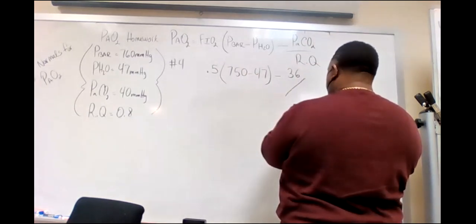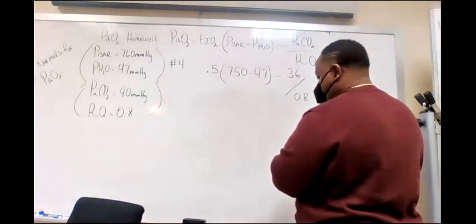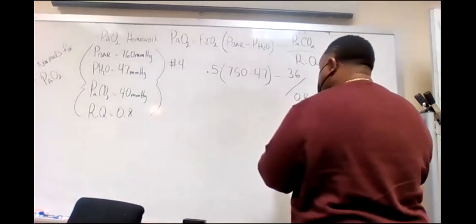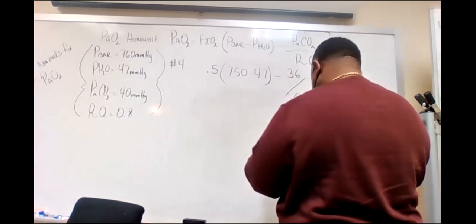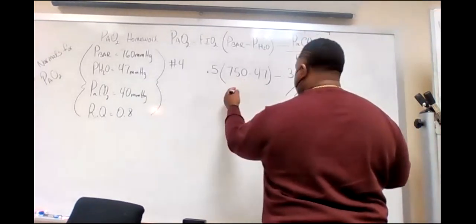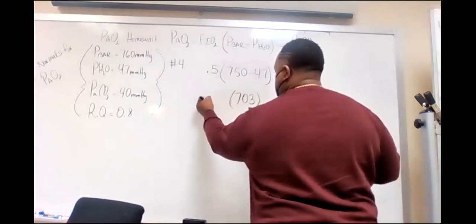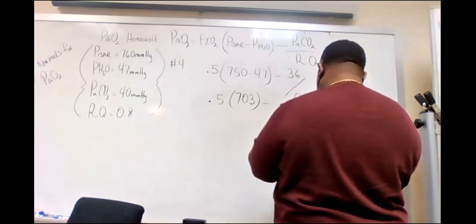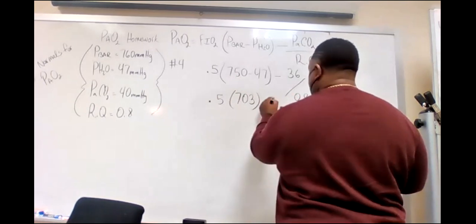They don't give us one, so we use 0.8. 750 minus 47 is 703, times 0.5, minus 36 divided by 0.8, which is 45.